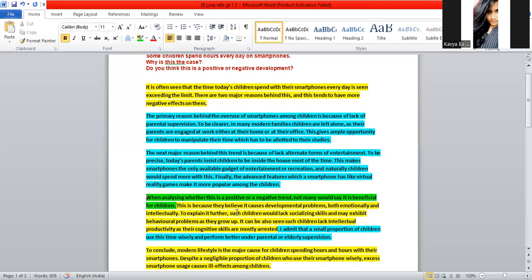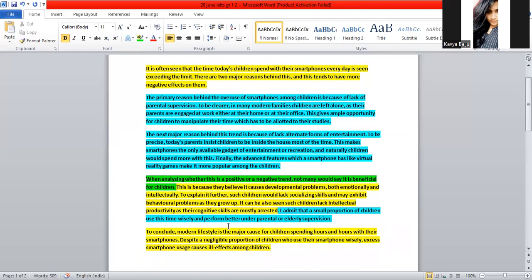And this is something we can say as an exception. In the first part of the same paragraph, we have said not many would say it is beneficial. There are some who say it is, and that's what we have mentioned here at the last. Now, we have balanced this answer. Is this positive or negative? Okay, it has more negative, but there is positive.